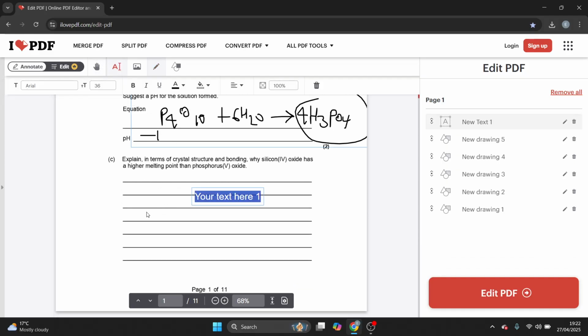In terms of crystal structure and bonding, silicon dioxide has a higher melting point than phosphorus oxide.